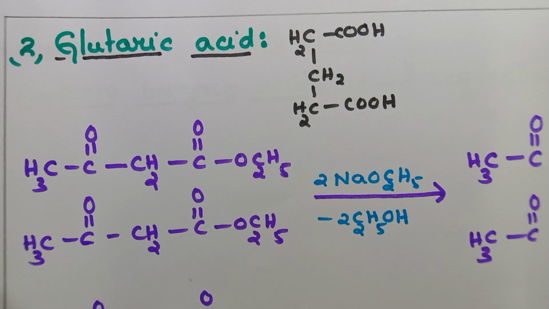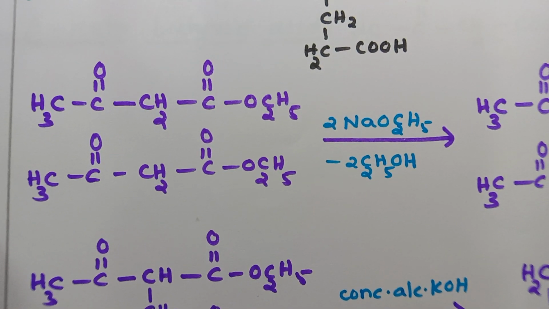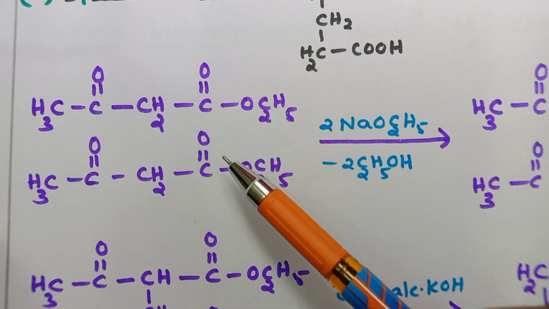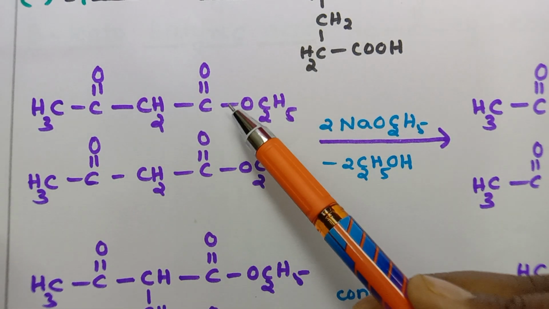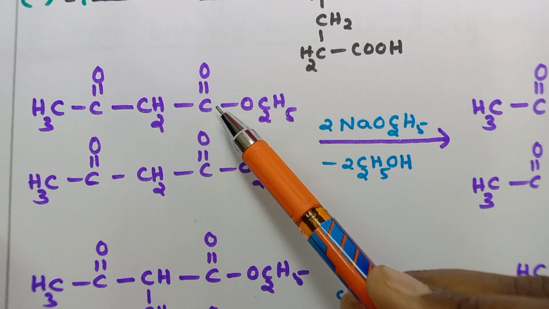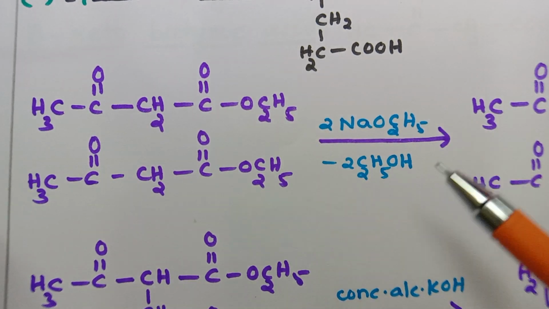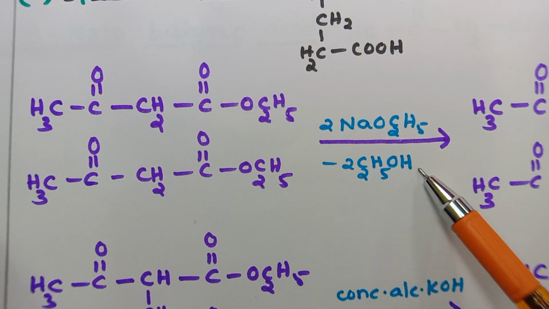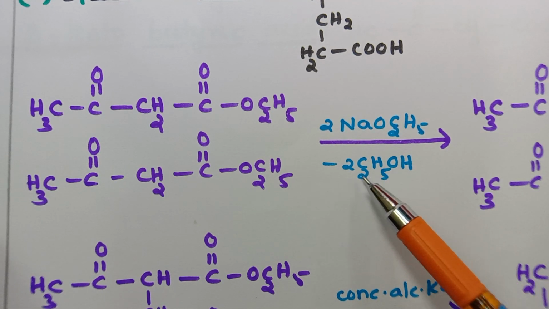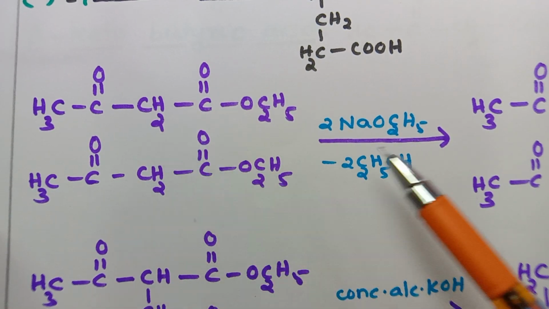So how to do? Chalo. Take 2 molecules of acetoacetic ester. The second method which we have followed for succinic acid, that is to be followed here also, students. So taking 2 molecules of acetoacetic ester, 2 NaOC2H5, minus 2 C2H5OH. Okay, now I think you understood where this C2H5OH is coming from. OC2H5 minus, H plus.